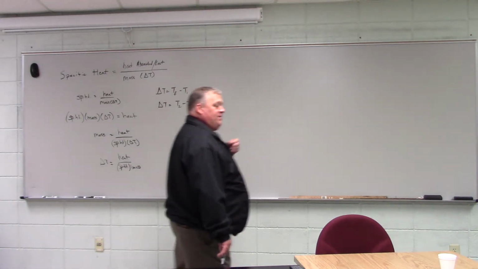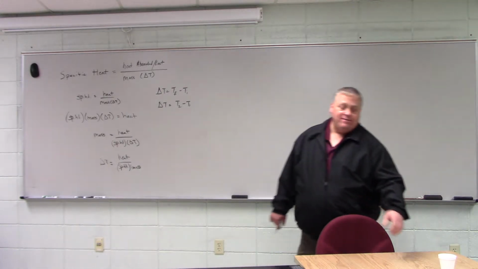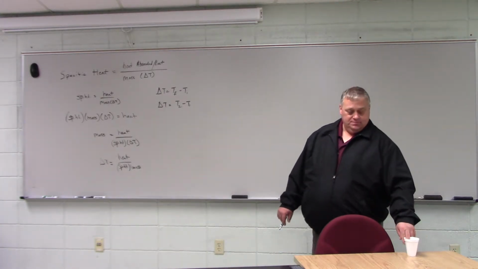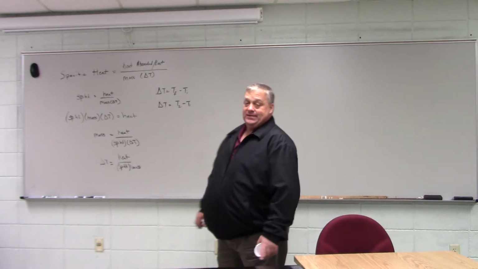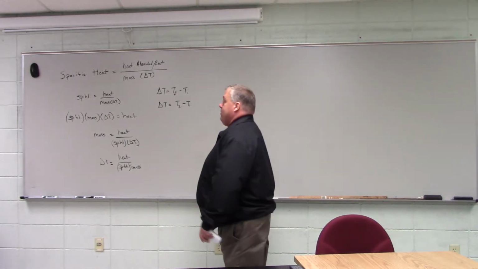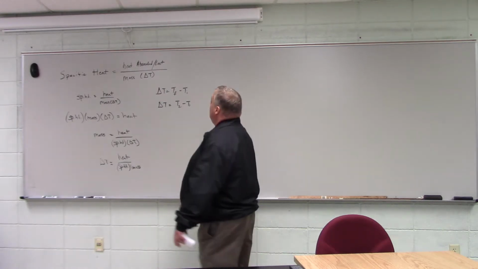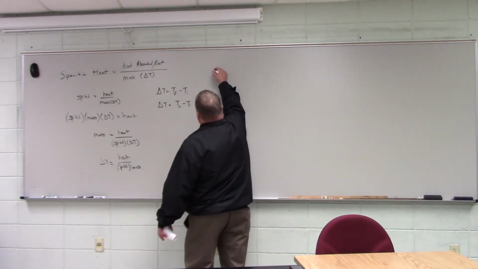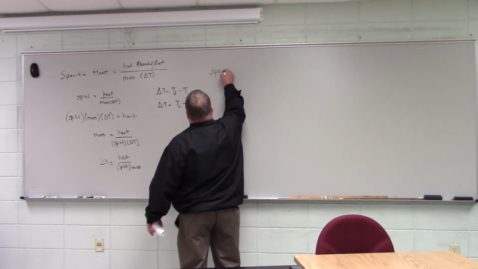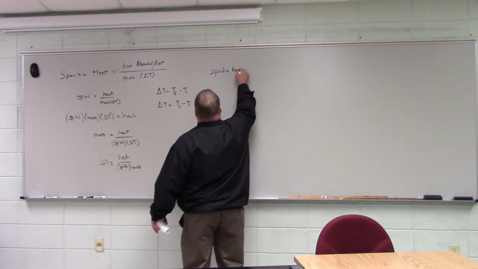Now, specific heat, I said earlier, was an identifiable property of a substance. Metals generally have small specific heats, less than 1 calorie per gram degree Celsius. So that magical number, 1 calorie per gram degree Celsius, is the specific heat of water.